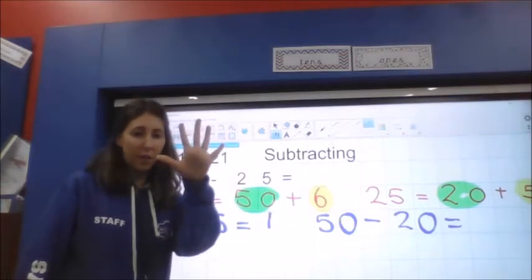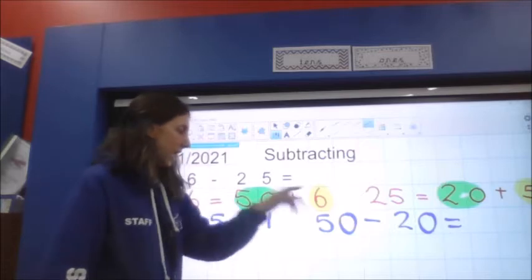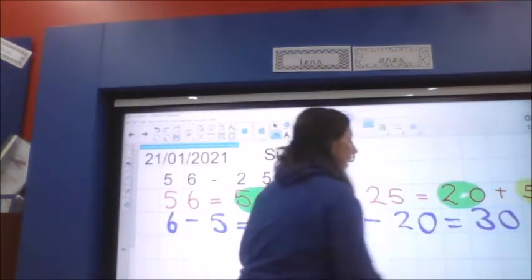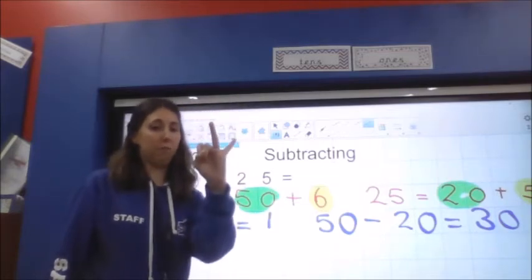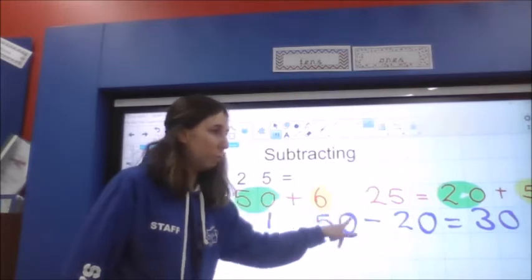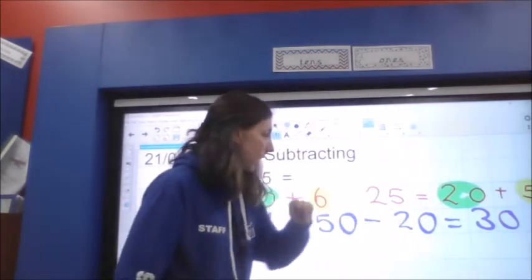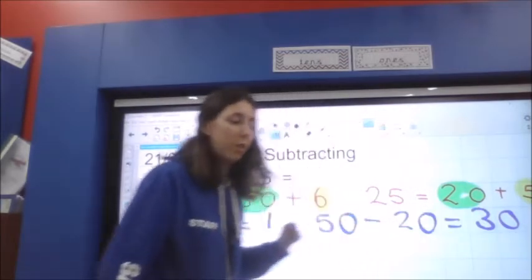Well, I know 5 take away 2 is 3 tens, and then I know, because I'm thinking in tens, I need to add my 0. Or I could go 50, 40, 30. Okay? Remember, if both of your numbers are tens numbers, you could do 5 tens take away 2 tens, you know that's going to be 3 tens, so our answer would be 30.